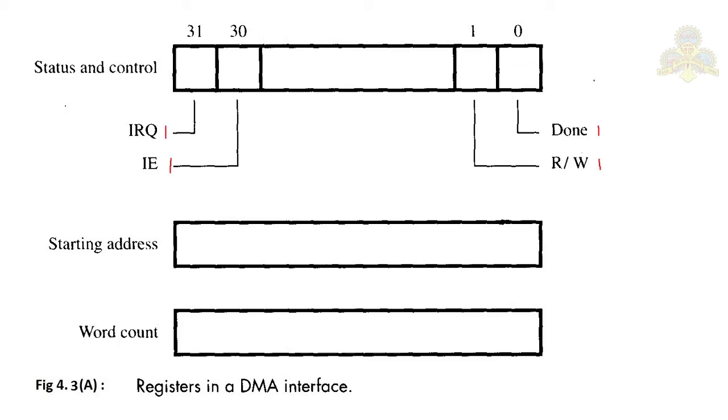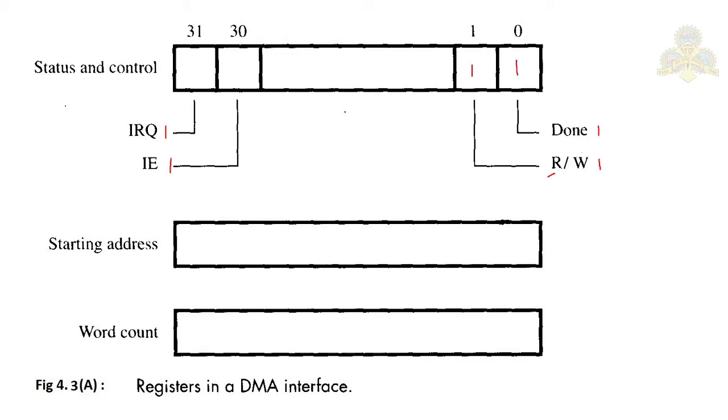So understand here, the status and control register contains all these flags or bits. Whenever a read operation is getting performed, this bit would be set to 1, otherwise it would be set to 0. Once reading or writing of the block of data is finished, this done flag is set to 1.